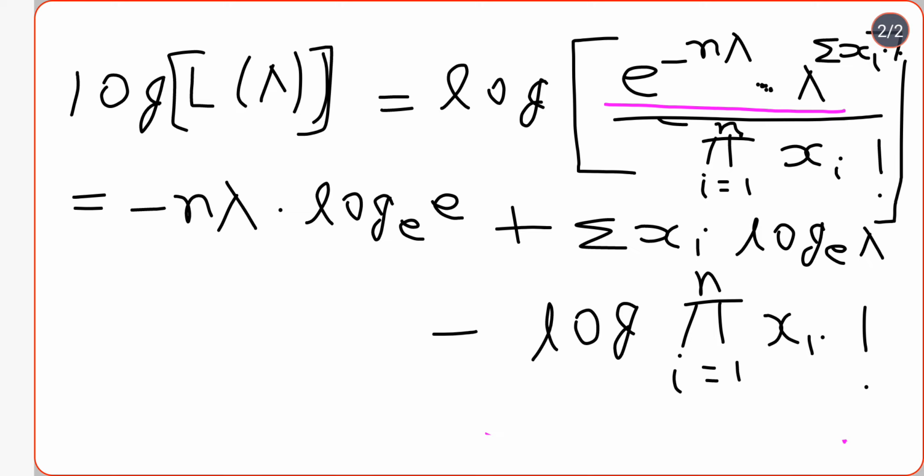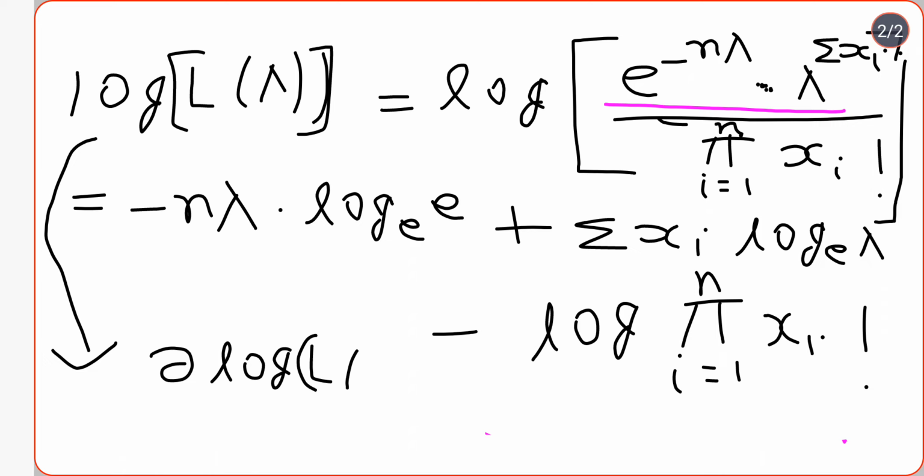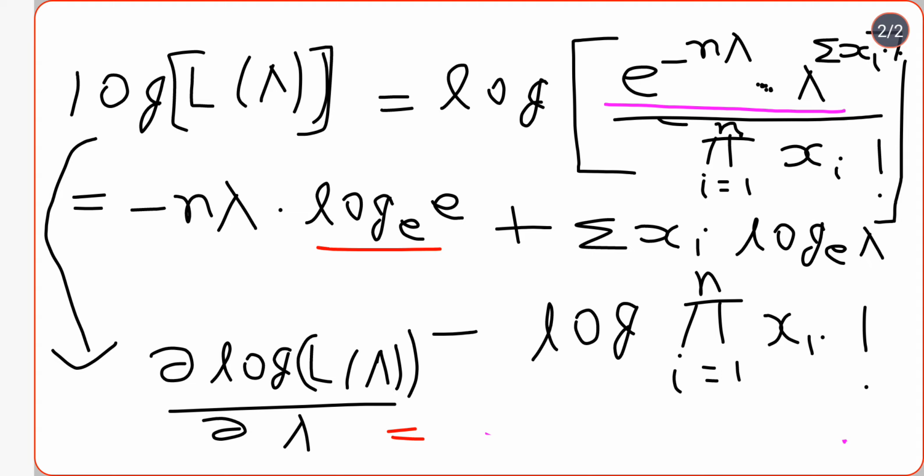Poisson distribution. Now let me differentiate this log L lambda with respect to lambda. I am not willing to do it here, but if I do, it will be very easy for you all to understand. Now at first, when we are doing the differentiation, this term doesn't even exist, because log e base e is nothing but 1.